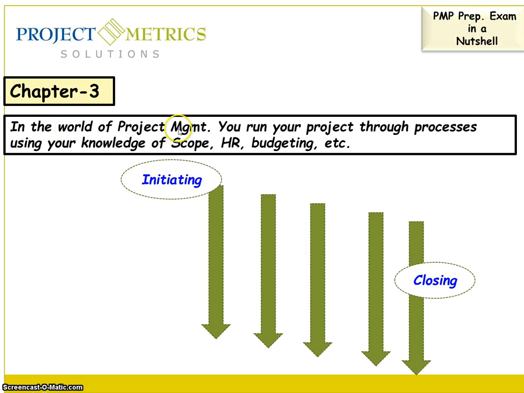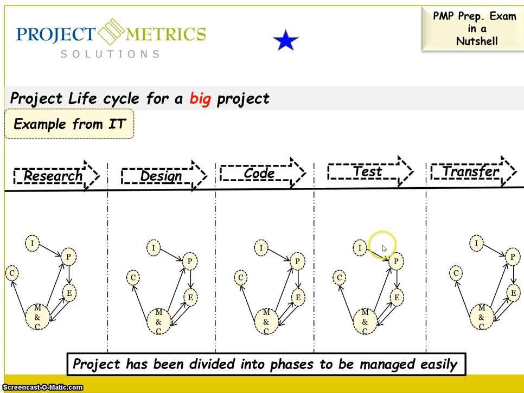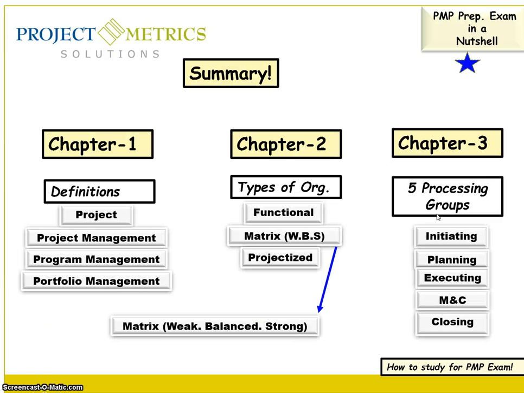In the world of project management, you run your project through processes using the processes of PMI from initiating to closing. For a small project, you are going to use the process groups. But for a big project, the project should be divided into phases to be managed easily. So in summary, chapter one is about definitions. Chapter two is about the types of organization. And chapter three is about your methodology to accomplish your project.